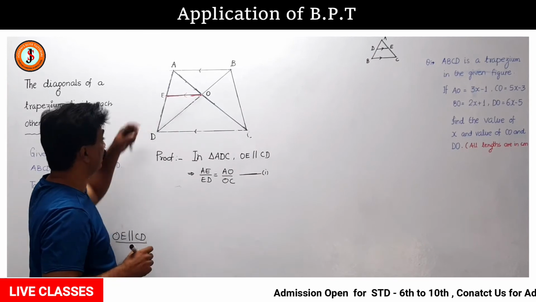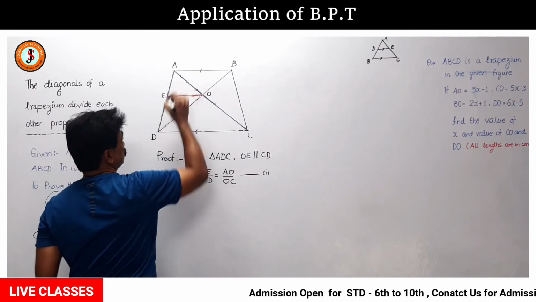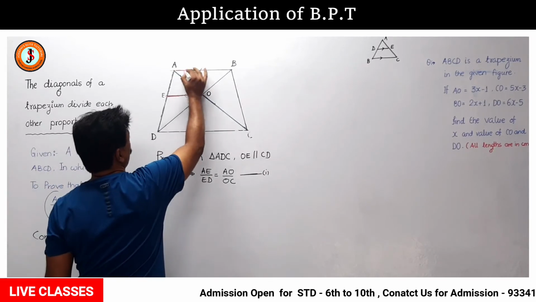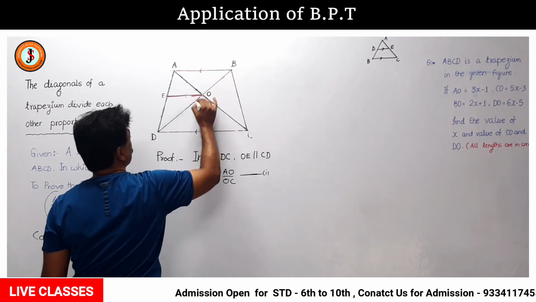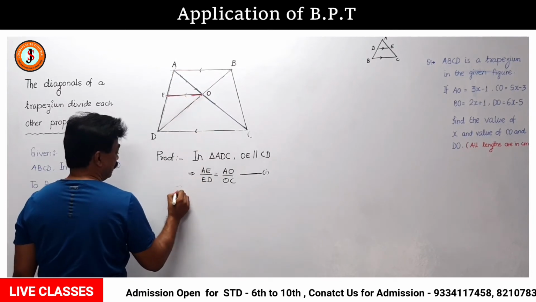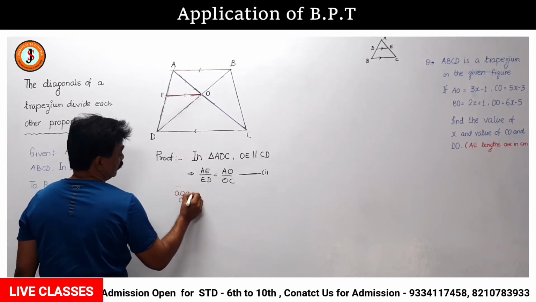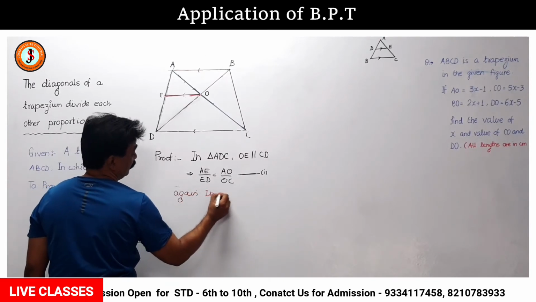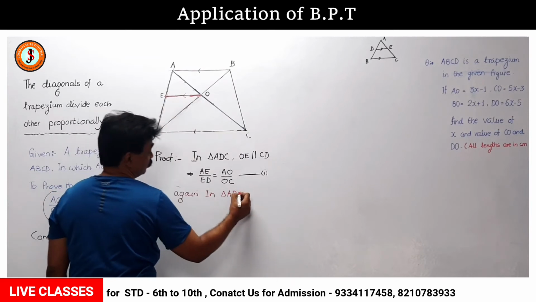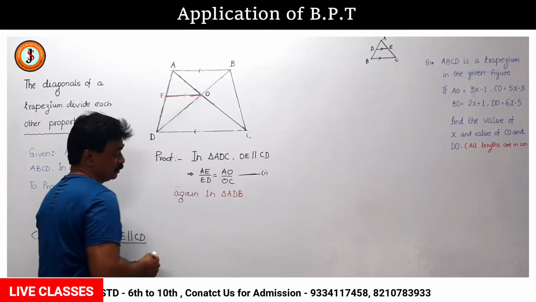Now we go to another triangle. I will put a red outline. The triangle which I am taking is triangle ADB. Let us see what happens here.